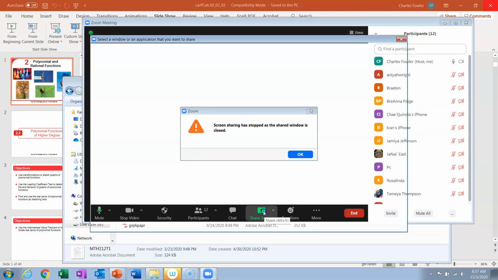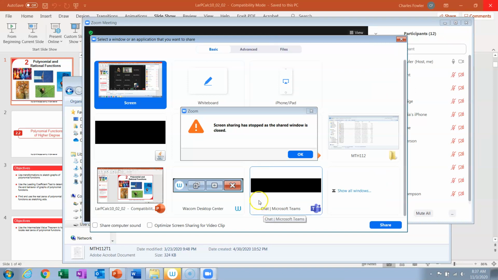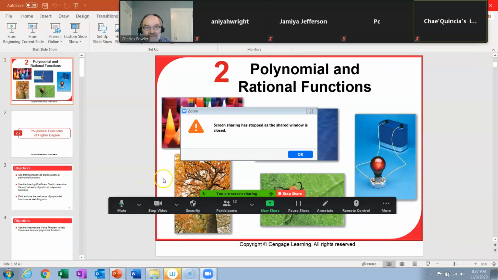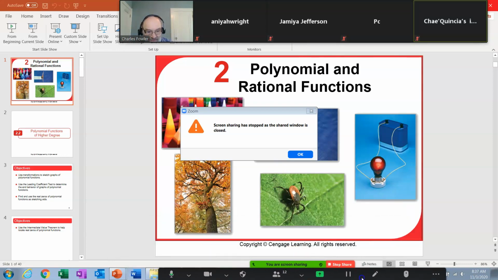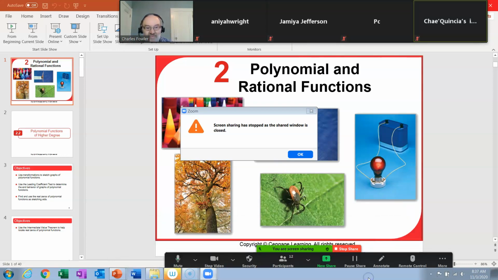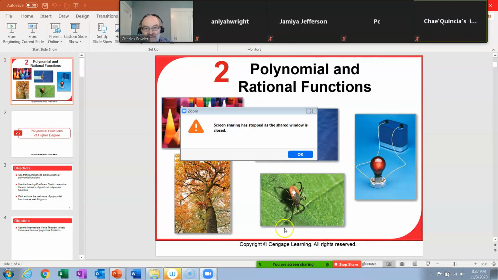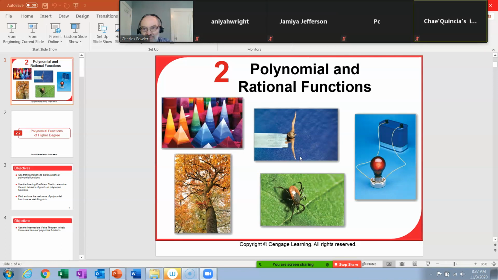And let's go back to 2.2, and it seems like everything I set up before is off. The taskbar moved back in the way, so let me move that back again. It said screen sharing has stopped, but it looks like it's still sharing, right?